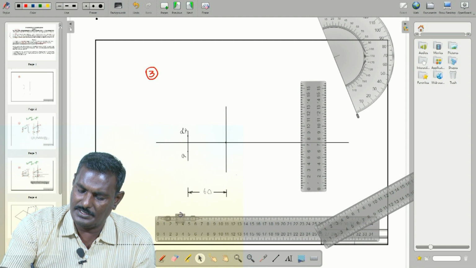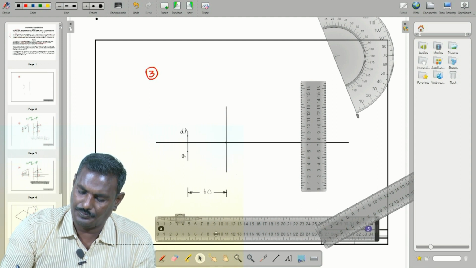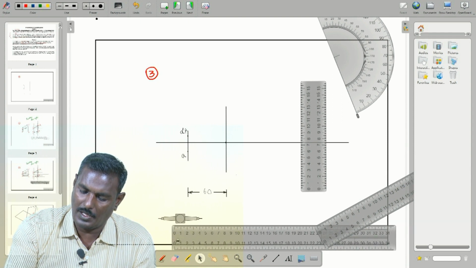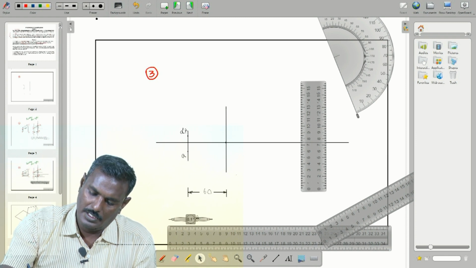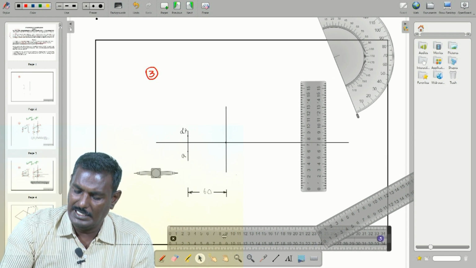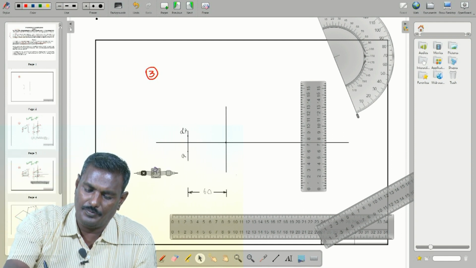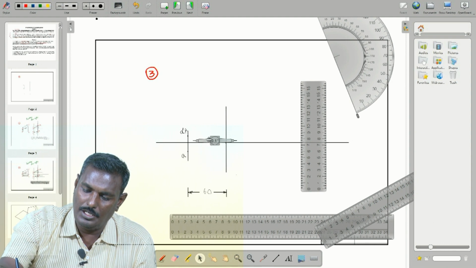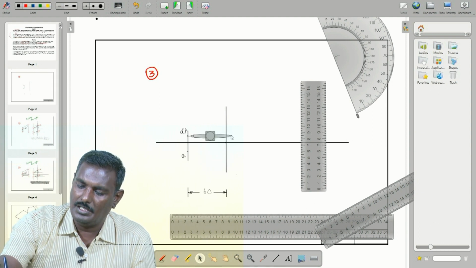Try to look at this. Yeah, 70 mm. After measuring 70 mm in the compass, put this needle on A dash, and make an arc.